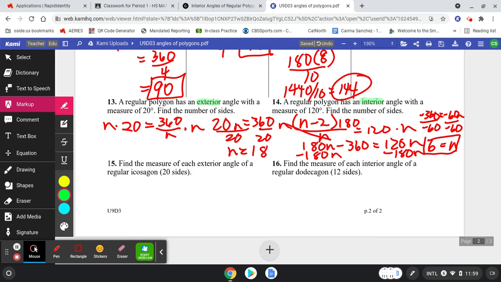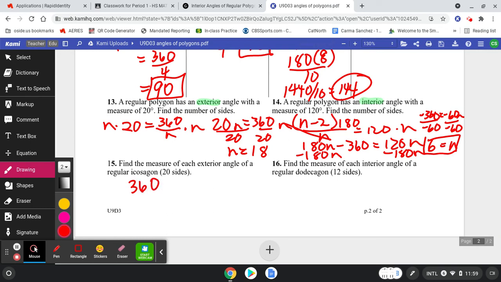Find the measure of an exterior. So here I go, like number 13. But it's giving me the number of sides, a 20-sided figure. So the measure of the exterior angle is just 360 divided by 20. Oh, I'm sorry.